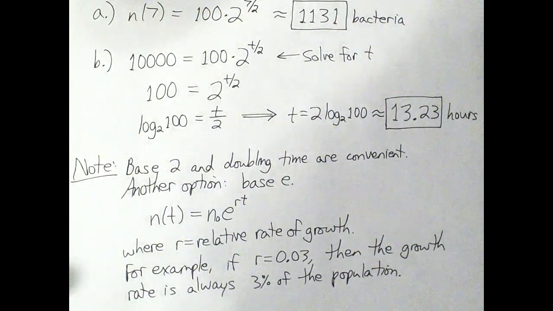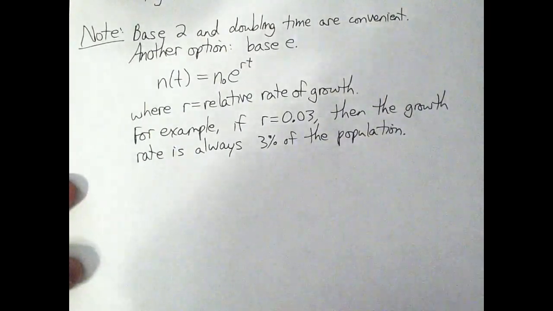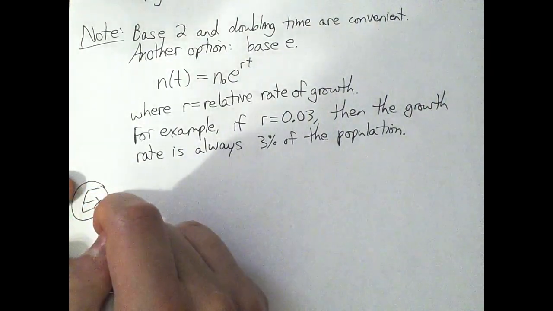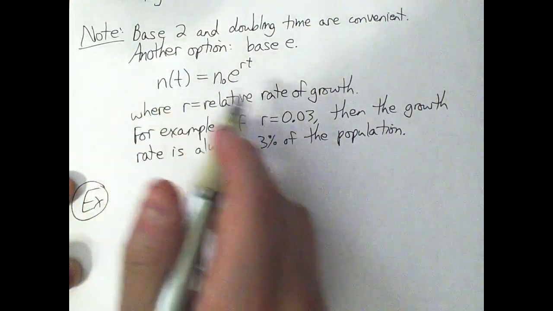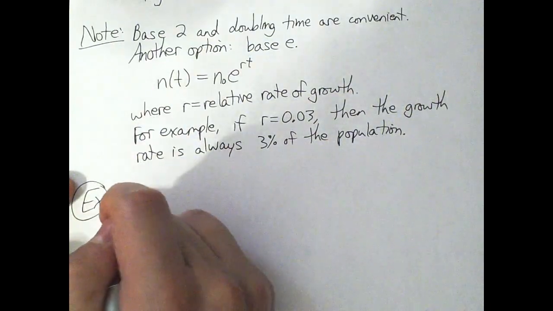So let me show you a problem where we're going to use this version of the model. Okay? Example. We're going to use this model, so I'm not going to write the formula again.